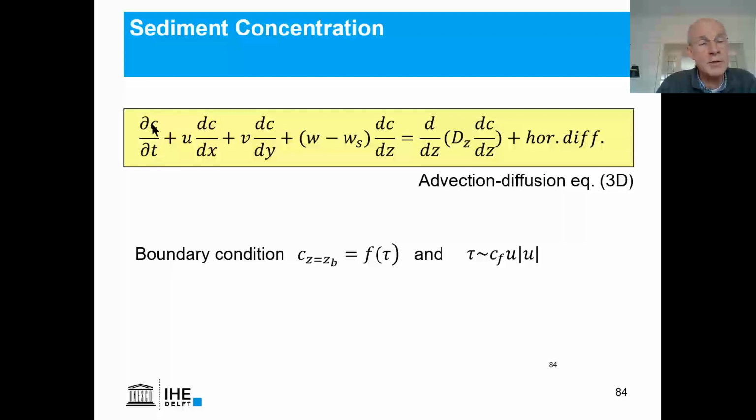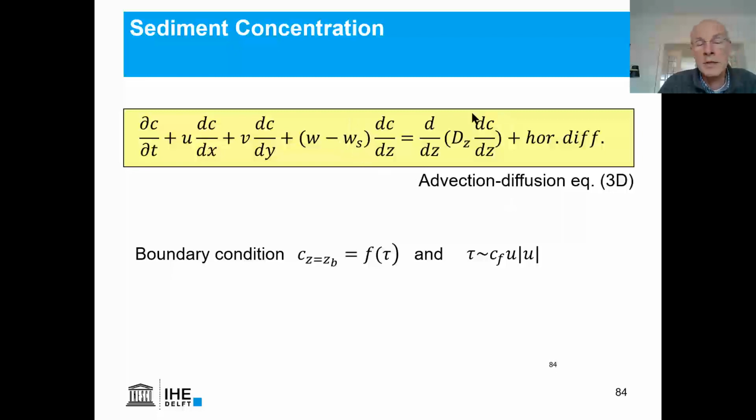usual rate of change of the concentration C, the advection of the concentration in x and y direction. The vertical advection, in the 3D case, we also have, even though they're small, vertical velocities, but we also have the fall velocity of the sediment.